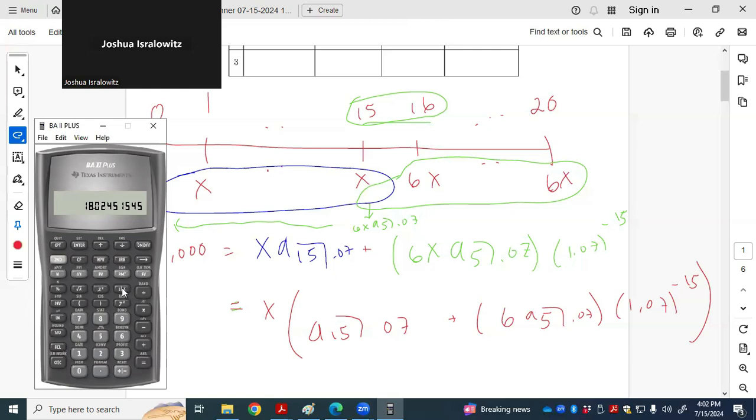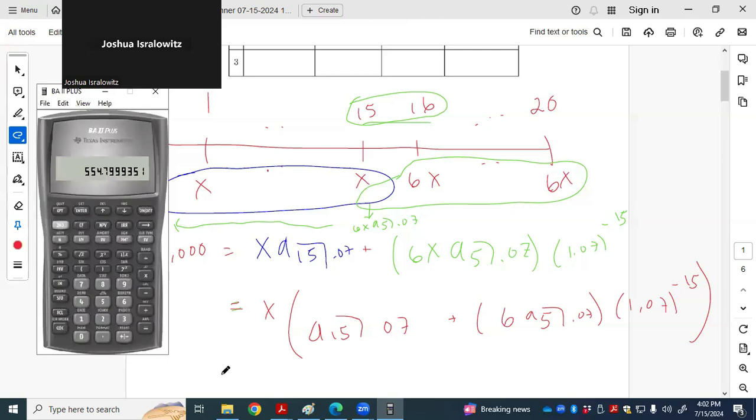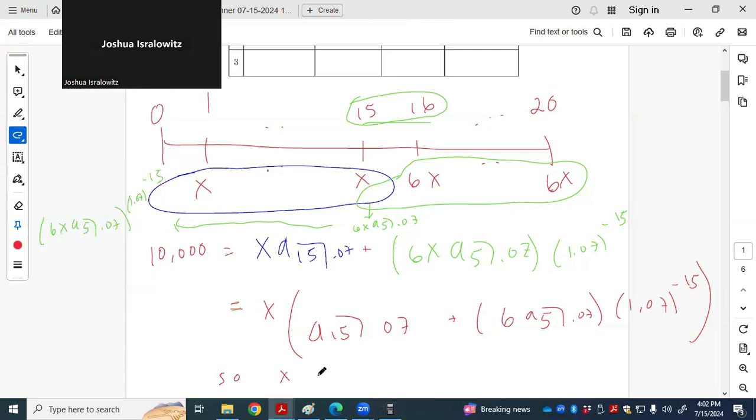We're doing 10,000 over this, so do 1 over, times 10,000, and X is 554.80.